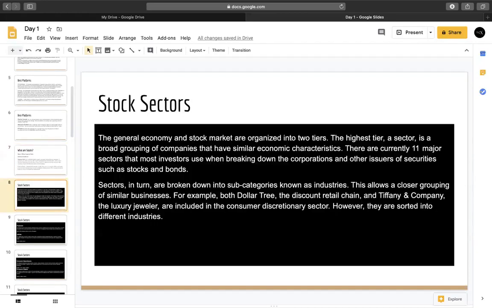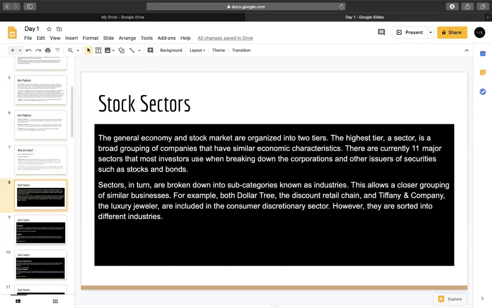Okay, let's go to stock sectors. The general economy and stock market are organized into two tiers. The highest tier, a sector, is a broad grouping of companies that have similar economic characteristics. There are currently 11 major sectors that most investors use when they break down the corporations and other issuers of securities such as stocks and bonds.